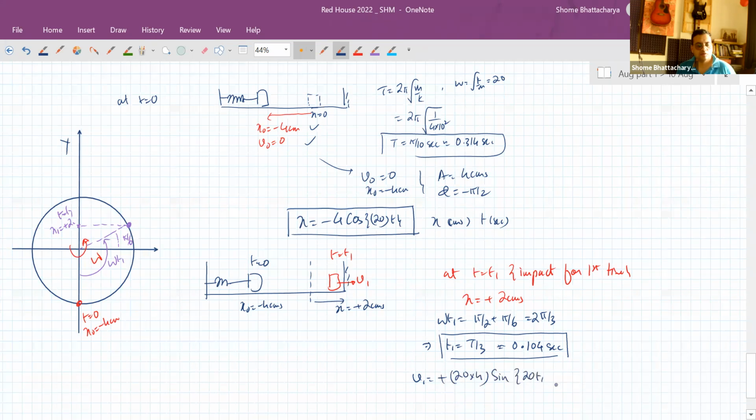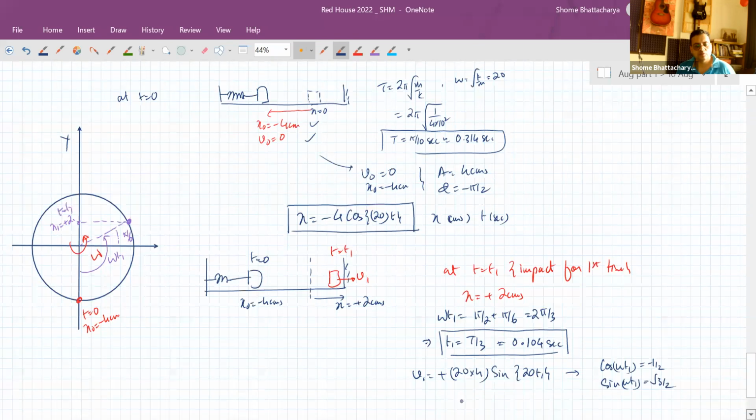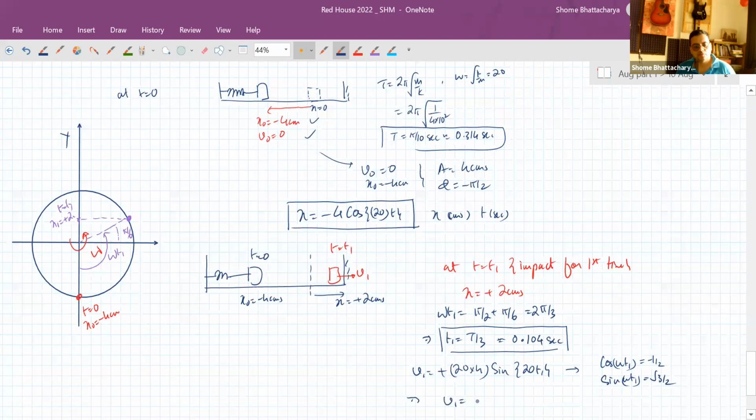Now this cos omega t1 is minus half, na? So sine omega t1 becomes root 3 by 2. So v1 will be, sorry, 40 root 3.